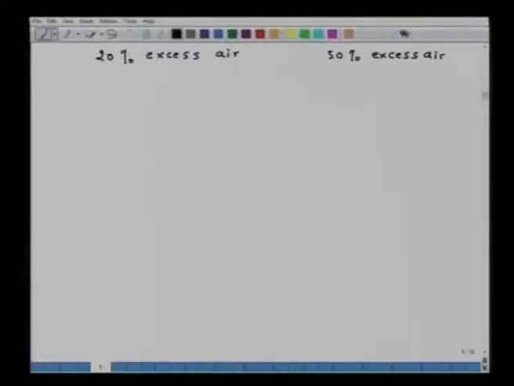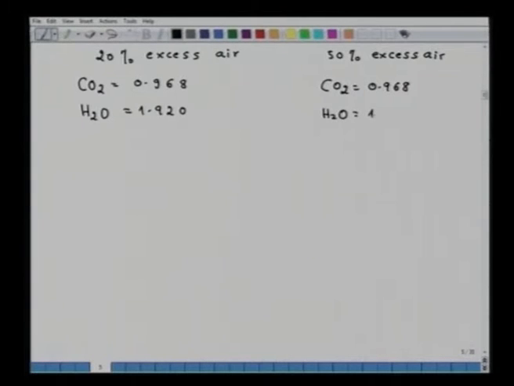Again I have to do the material balance for both the cases. CO2 will not change, it is 0.968 in both cases. H2O will also not change, 1.920. What will change?